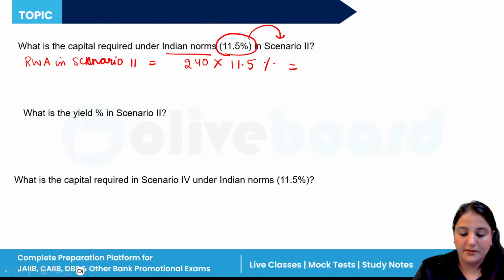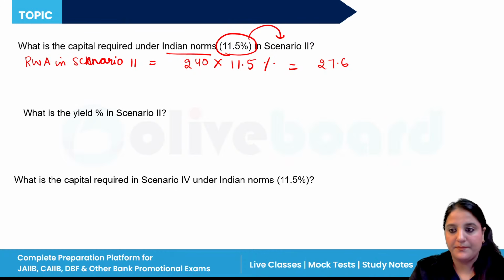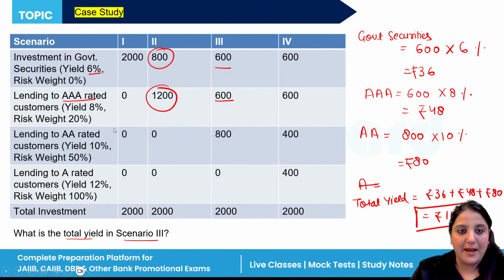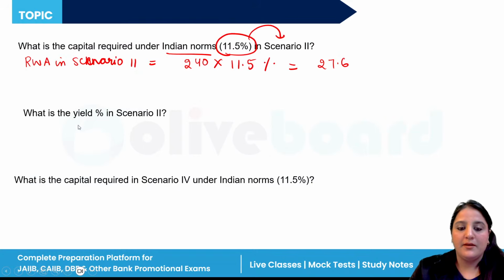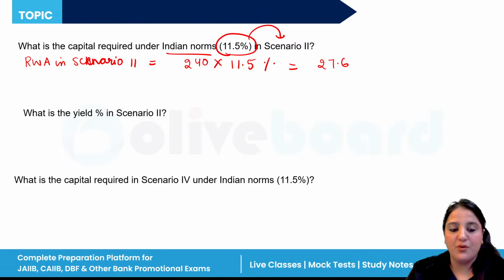So what is it? It is equal to 27.6. So the answer is 27.6. They're asking about the capital required. So take 1200, find the 20%, then find the 11.5% of this 240.